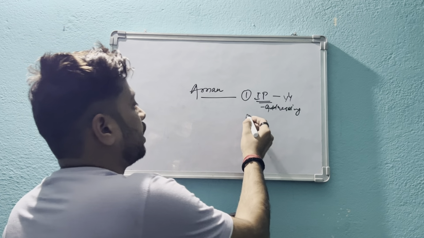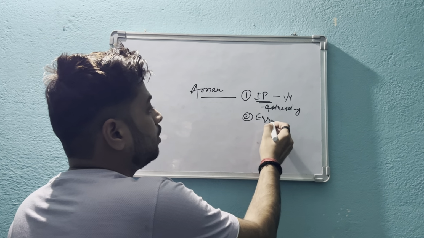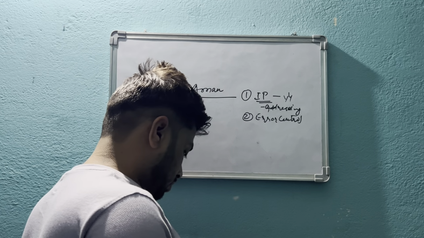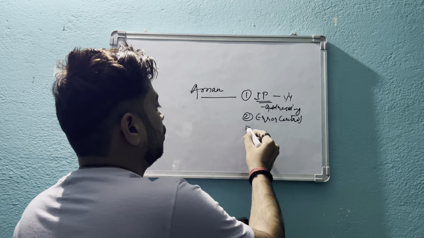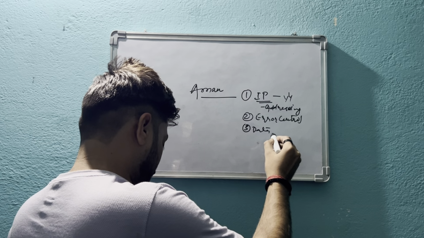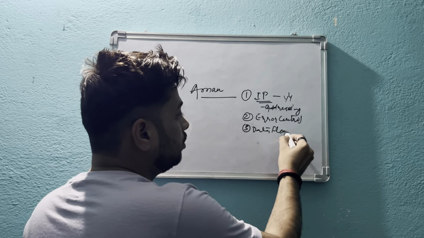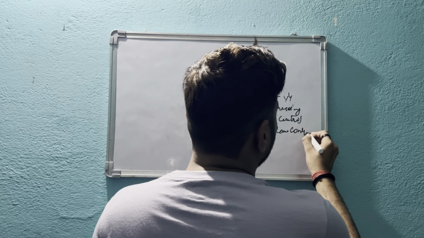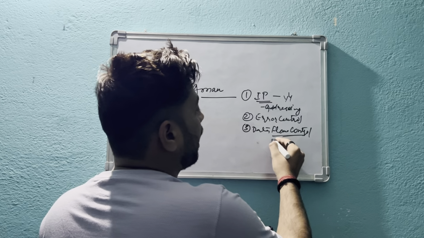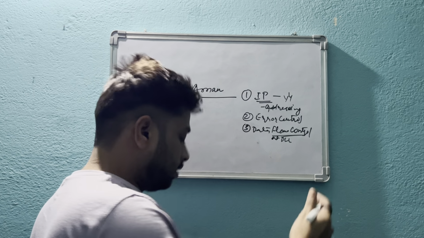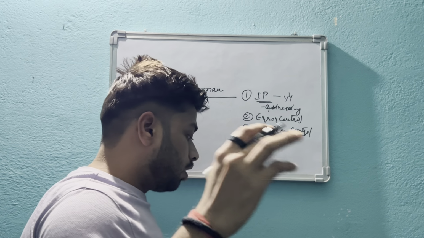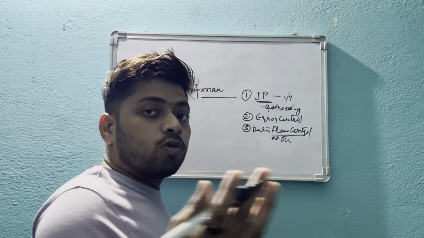Then comes the chapter that is error control in computer networks. And of course, we have data flow control. This data flow control is at DLL, data link layer. And the very next chapter or the topic we could be covering is the protocol versions.